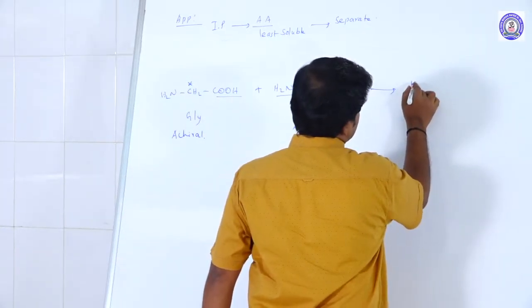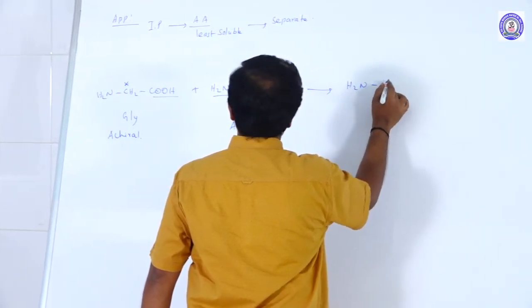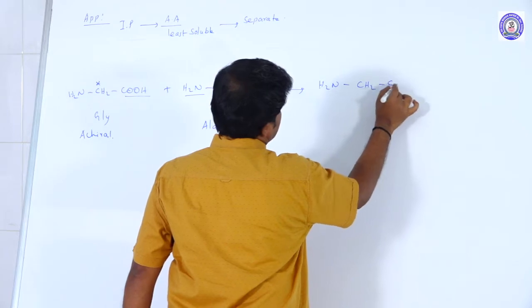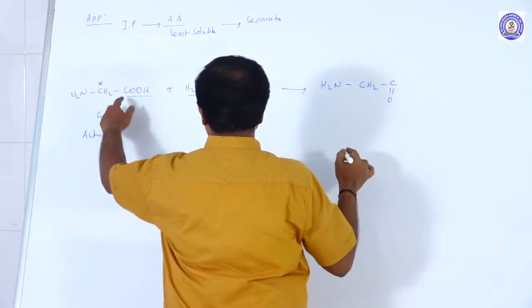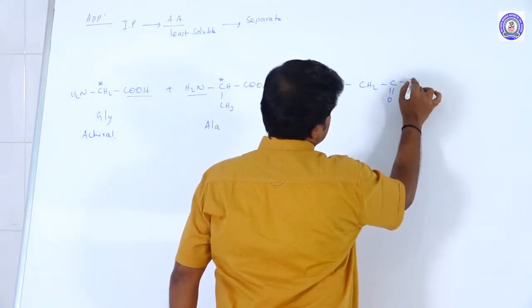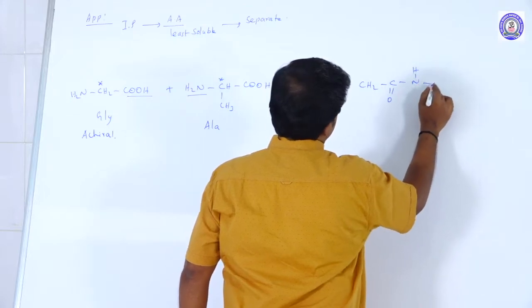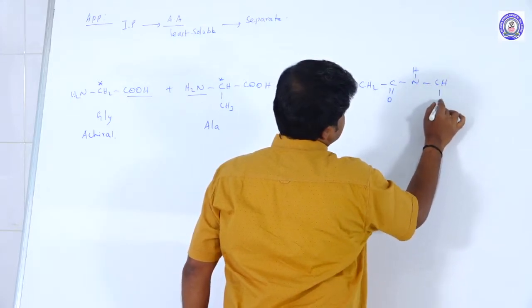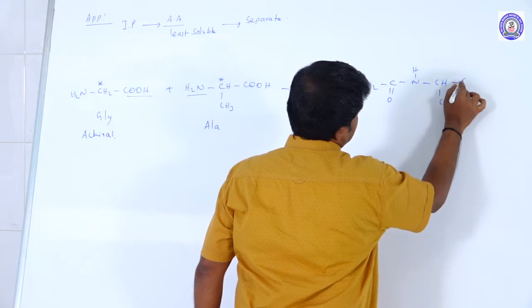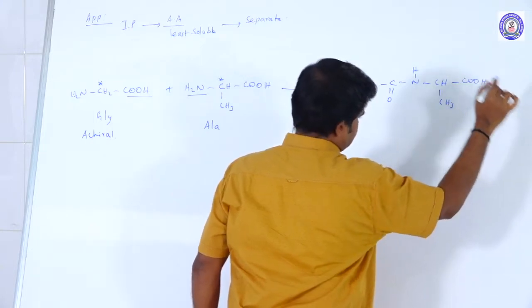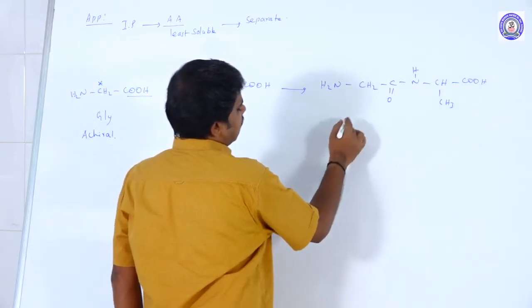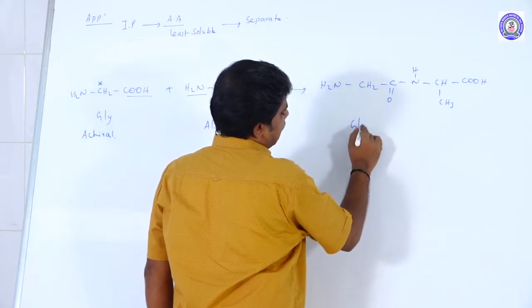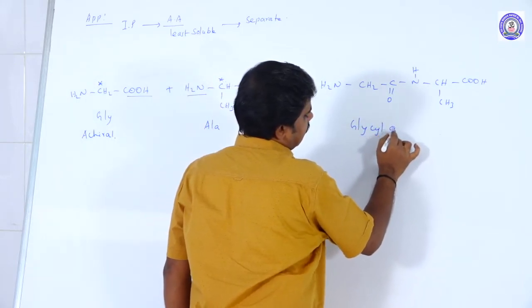It is H2N-CH2-C(=O)-NH-CH(CH3)-COOH. Now it is glycylalanine.